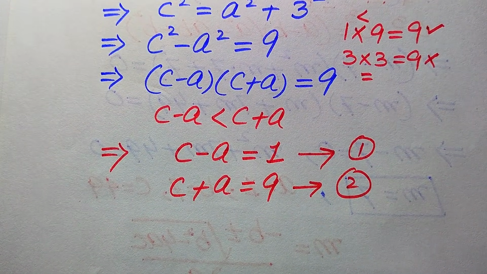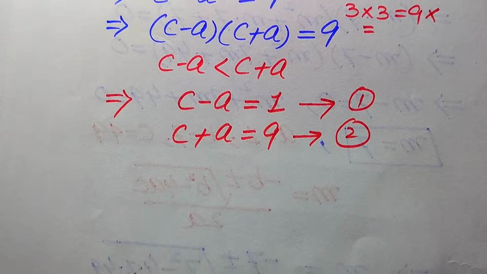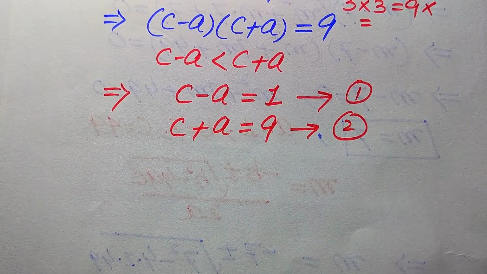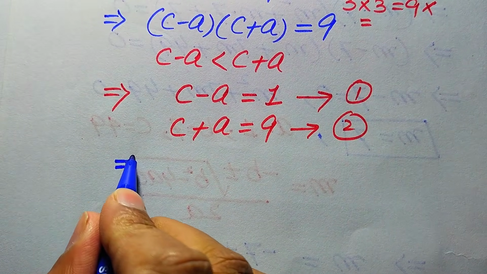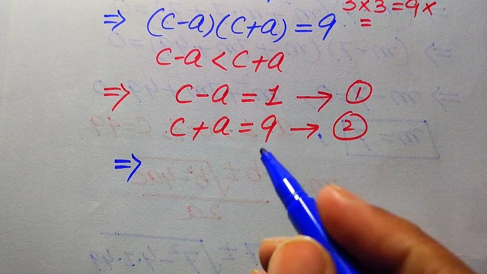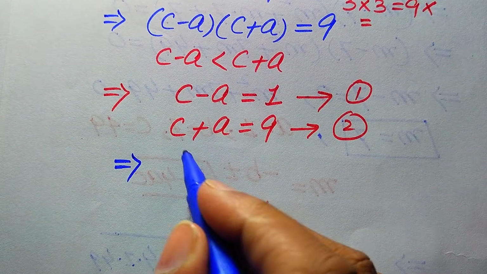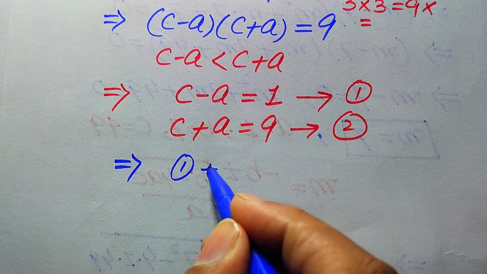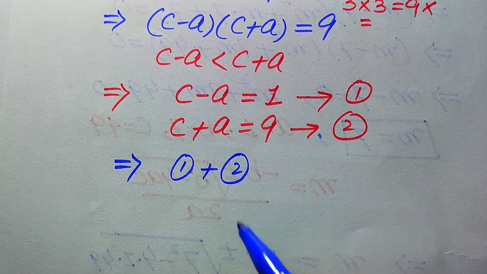Now we easily find the values of a and c, and then we move towards the requirement of this question, which is the perimeter. In order to find the value of c, we first sum up equation number 1 and equation number 2.